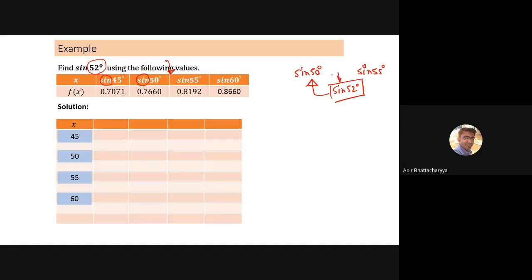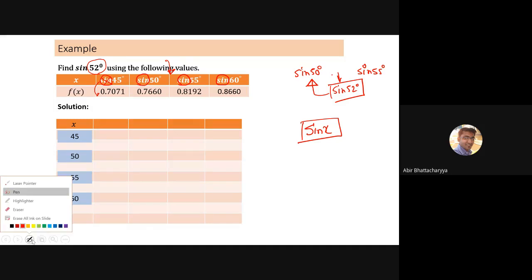When I apply the function sine x over the x values, for example when x is 45 degrees, I get sine 45 degrees as f(x). So it is wrongly written. You can skip it, don't write it. Even if it is mentioned in the exam, it is wrongly mentioned.